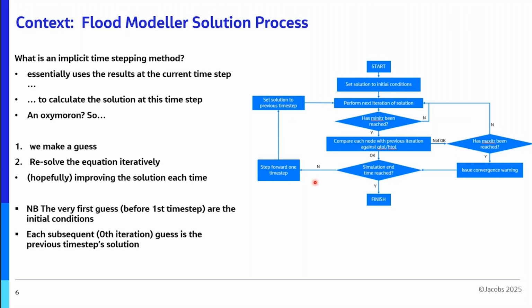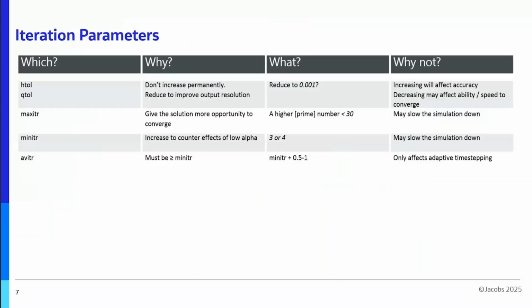So having introduced those two, the modeling process and the Flood Modeler solution process, as context, I can move on to discuss in the first place what we call iteration parameters.